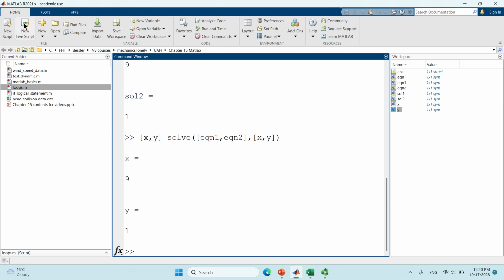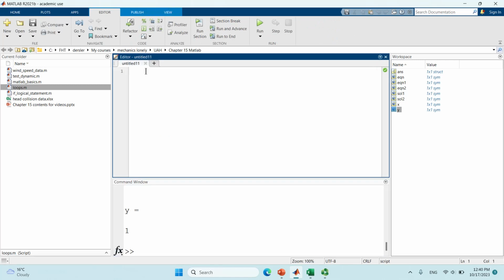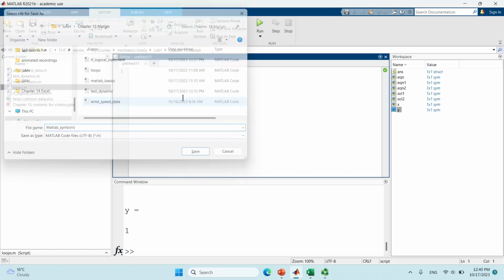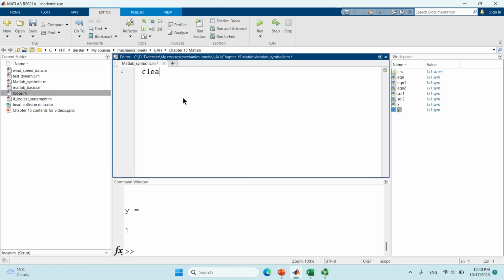Okay, also you can see the same stuff in the script. Let me save it as MATLAB Symbolic. Okay, you can use that one as well here: clear, clc, and then you say syms x, and then you calculate the integral of x.